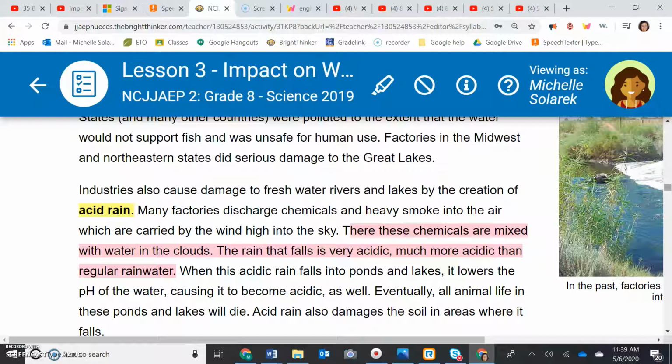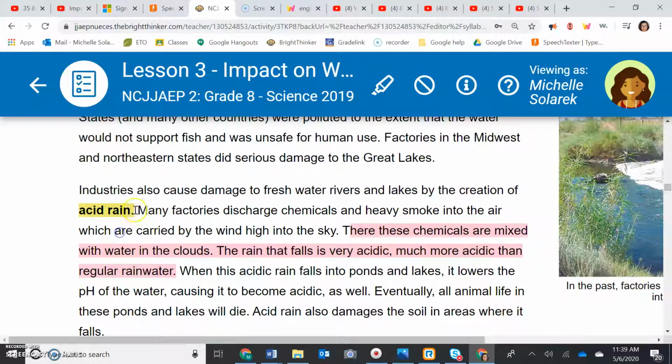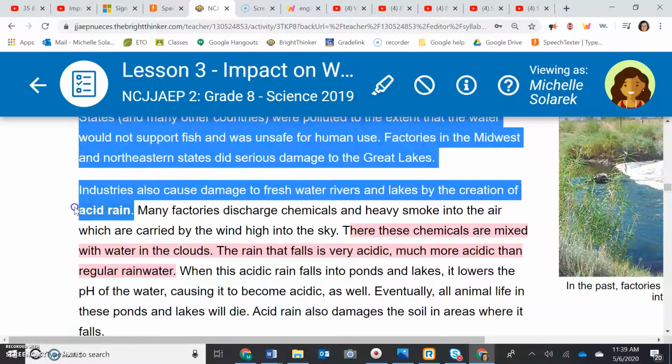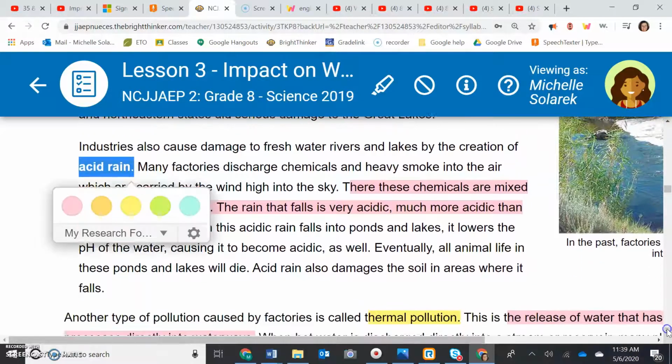And the reason it's ruined is because all that acid went up into the clouds. So what is that called when the water gets ruined because of the pollution up in the clouds? That is called, I'll put it in blue for you, just the words acid rain. So your next answer is acid rain. That is called acid rain.